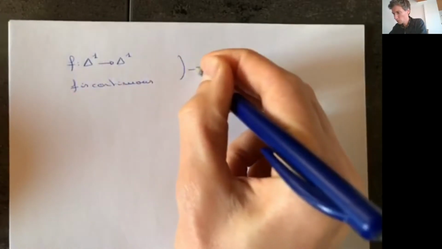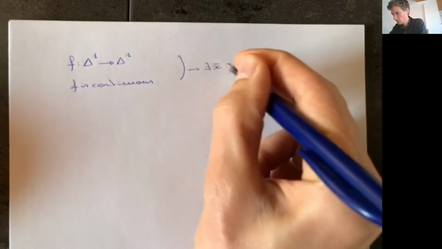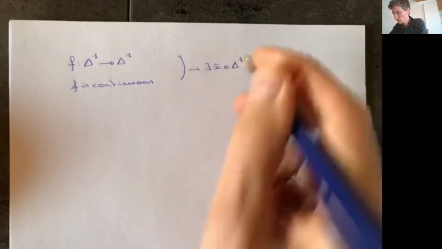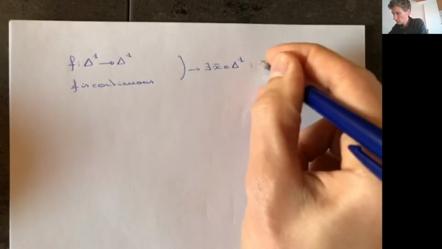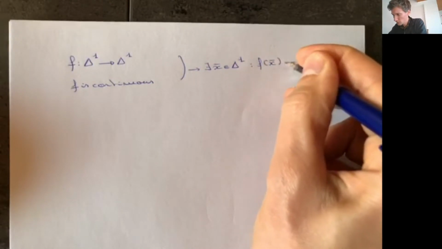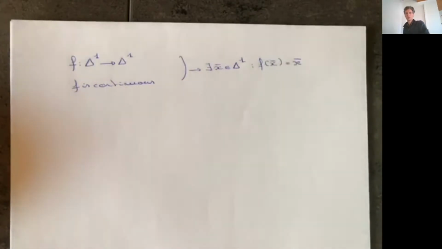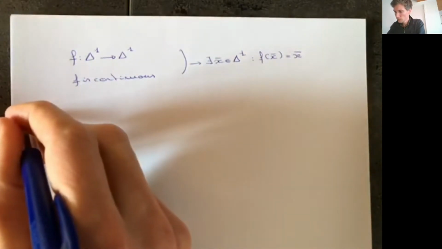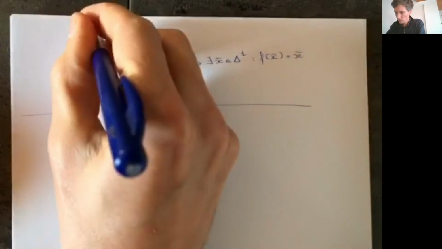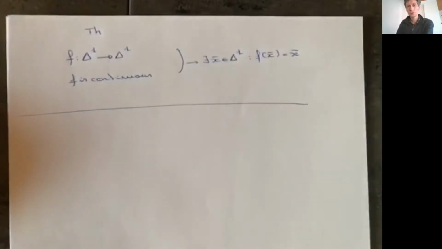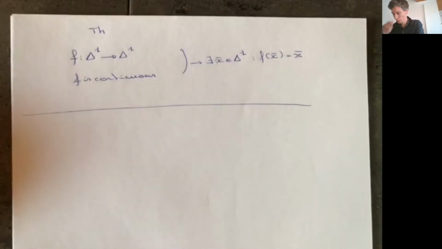Okay, and we would like to show that there exists an x in delta 1 such that f of x is equal to x. Okay. So in order to prove this, we're going to make use of Sperner's lemma.